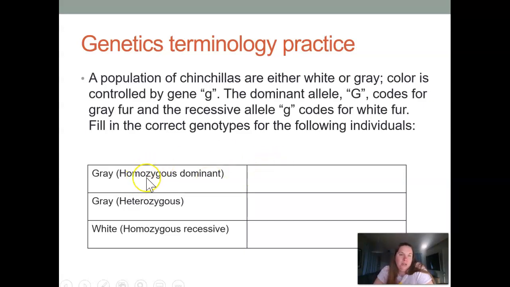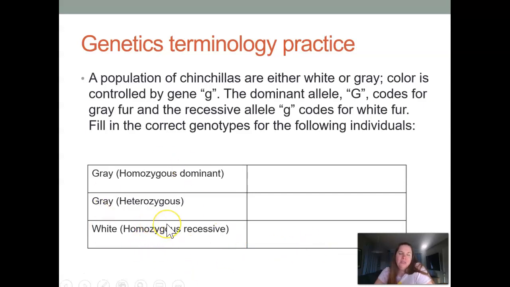Because it's homozygous, the two allele possibilities have to be the same, and because it's dominant, we're going to capitalize those letters. So capital G, capital G would go in this box here. If it's heterozygous, it's going to be capital G, lowercase g. And finally, if it's homozygous recessive, it would be lowercase g, lowercase g.